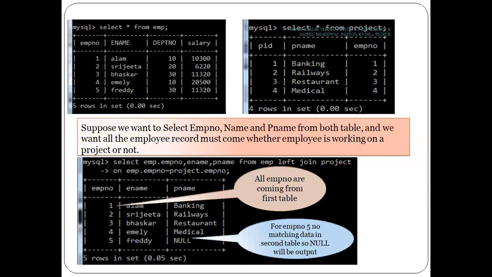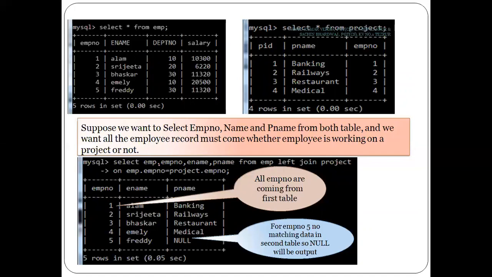Now suppose I want to select employee number, employee name and the P name from both the tables, and we want all the employee records to come whether the employee is working on a project or not. So I am writing this command: select emp dot employee number, comma e name, comma P name.